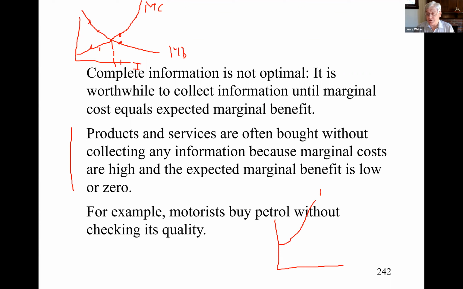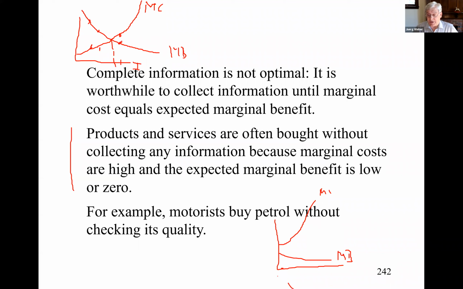That's the marginal costs. And the marginal benefit, the benefit is not particularly high. Maybe here. That's a marginal benefit. So the curves never intersect. And so in this situation, where the marginal benefit of buying information is less than the marginal costs, you don't buy any information.